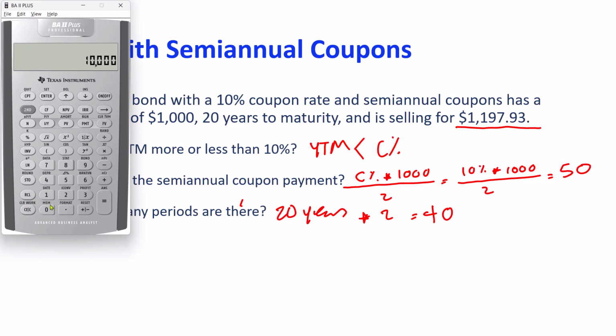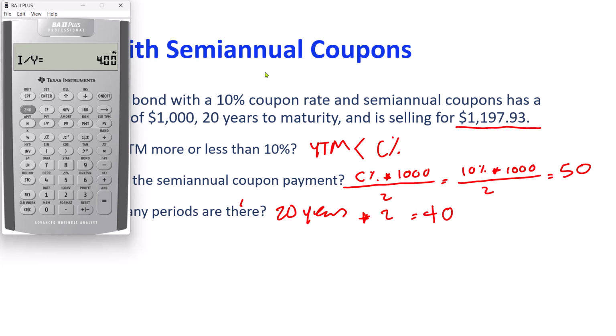We have 1,000 for future value, $50 for every semi-annual payment, and then we have 40 semi-annual periods, and then we can compute the IY. As you can see, we're going to receive an error 5, which is usually when you forget to do the sign convention. If I change my price to a negative number, then I'm going to get this rate.